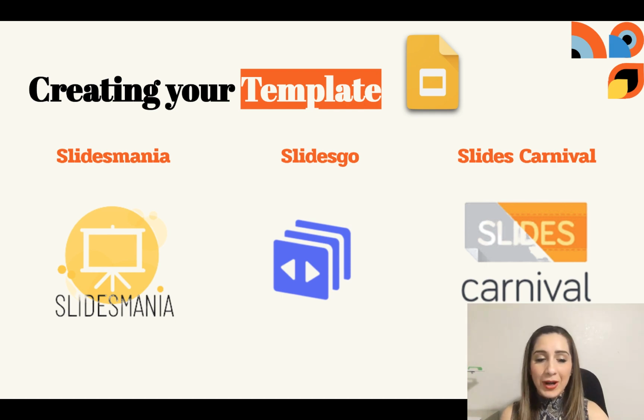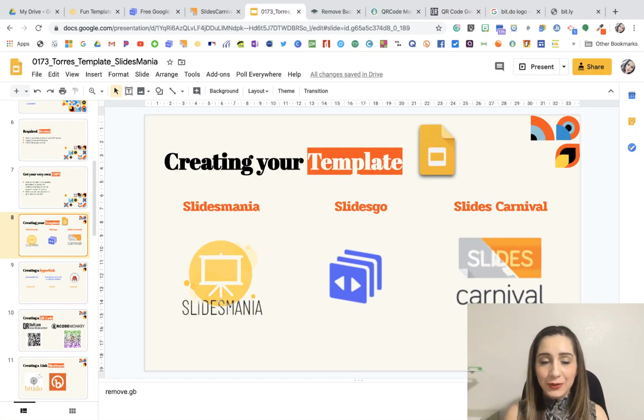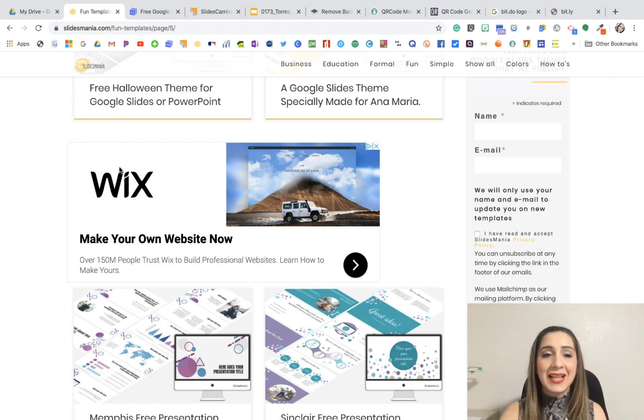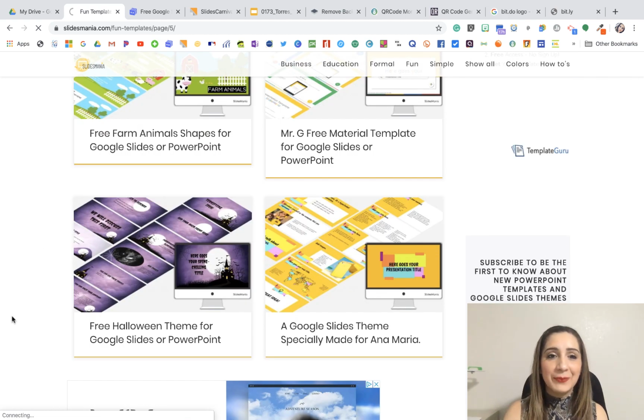So task number 1 is to go ahead and go to your web browser. Remember that we're running 2 screens. Your iPad or your cell phone is being presented, and your laptop is what we should be using to work on our copy. So I want you guys to go to www.slidesmania.com.